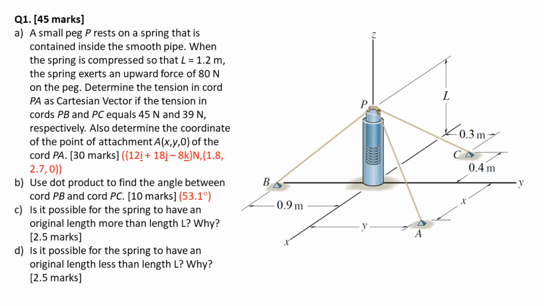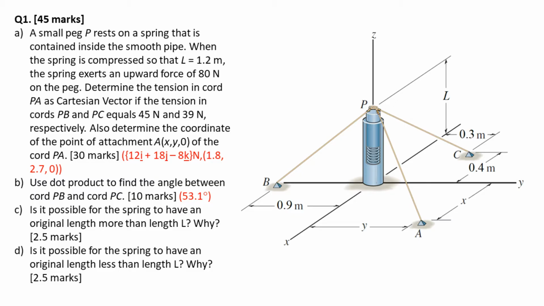So two of the cables are already given: for PB it is 45 Newton, and for PC it is 39 Newton. Also determine the coordinates of the point of attachment A, (x, y, 0). You can see point A, the distance is not yet known, so it is x and y, right? So the coordinate will be (x, y, 0) of the cord PA.